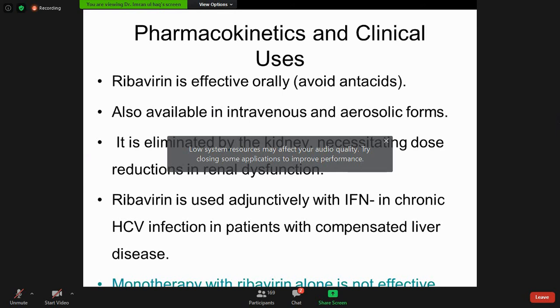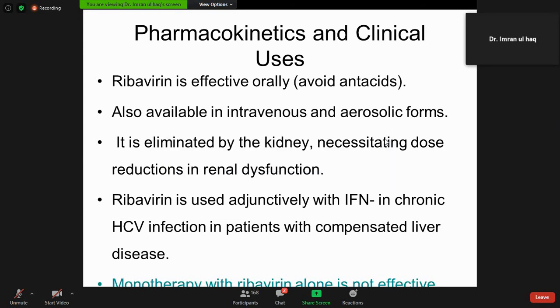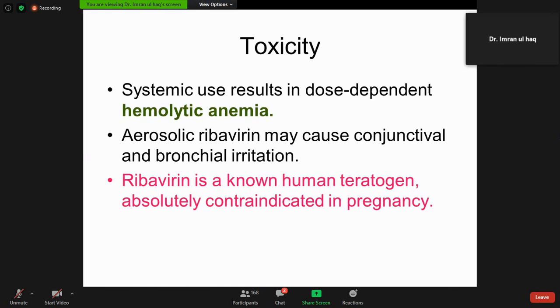Just like in the treatment of hepatitis B, the lamivudine, but this ribavirin in the treatment of hepatitis C, we are not going to use as monotherapy. Clear? Always given with interferon, right?